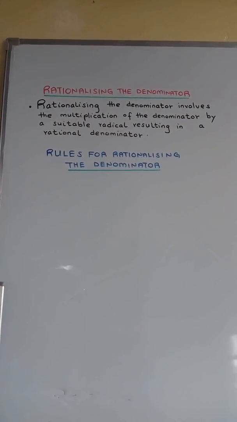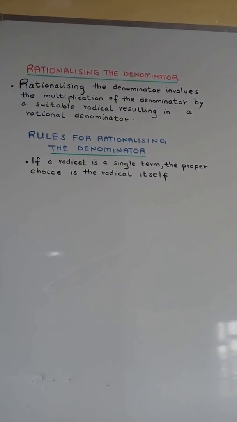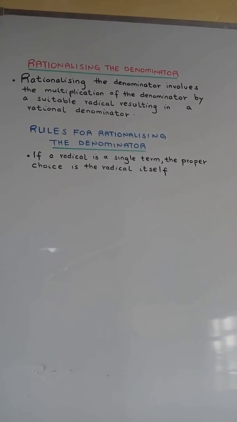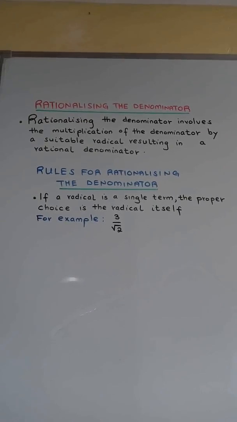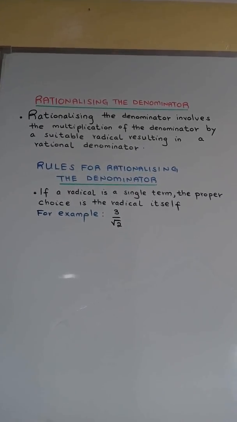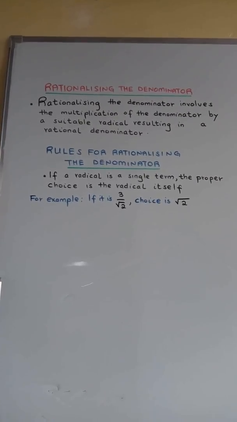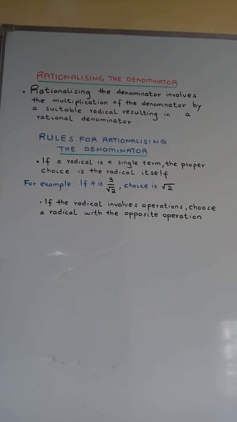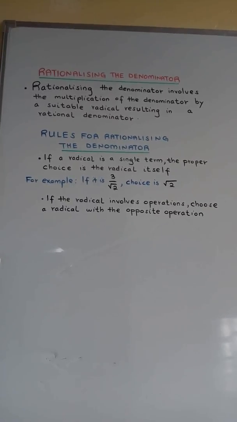Rules for rationalizing the denominator. If a radical is a single term, the proper choice is the radical itself. For example, if it is 3 over radical 2, the choice is radical 2. If the radical involves operations, choose a radical with the opposite operation.